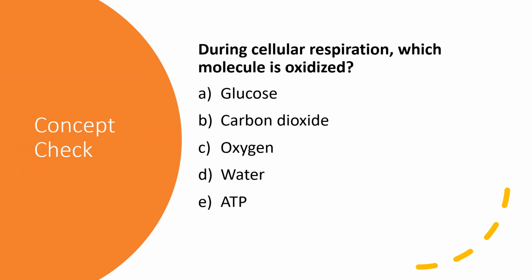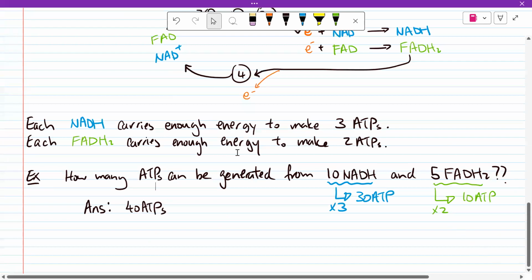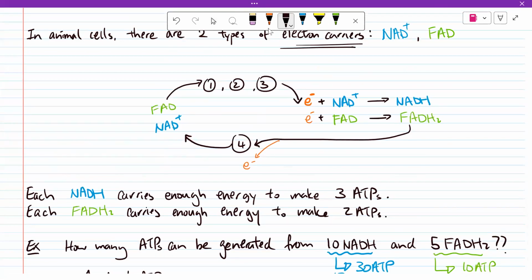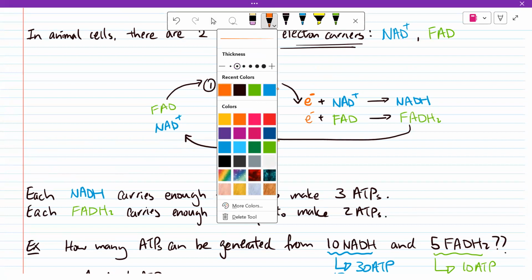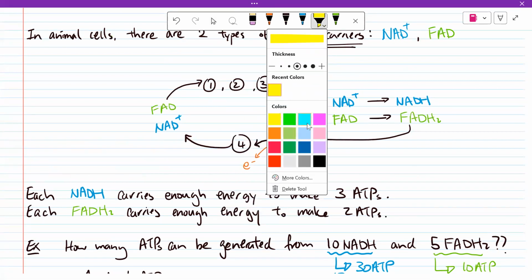Professor, excuse me. Why do you multiply by 3 for one and by 2 for the other? Sure. That's based on this here, right? You want to highlight this fact right here. This is important.